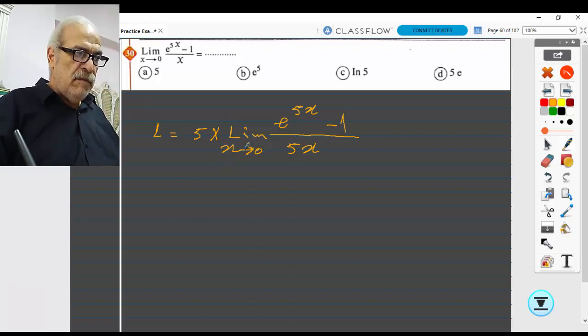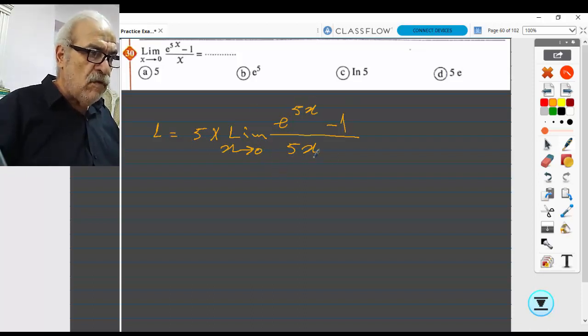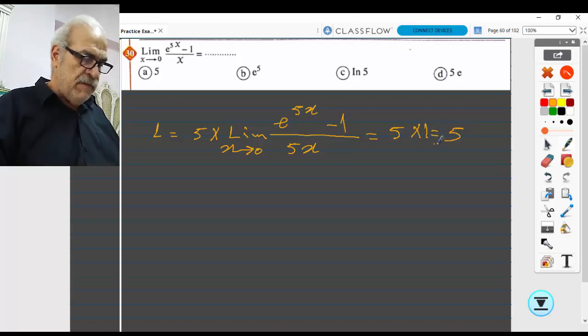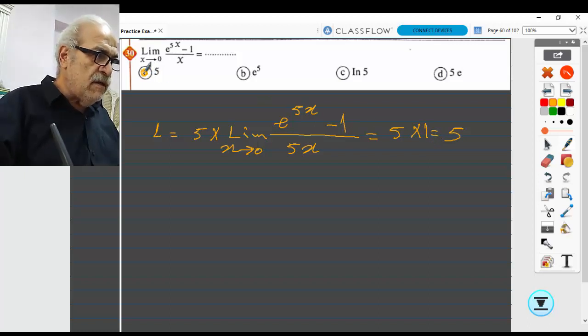Okay, up and down. What is the value of this part? It is equal 1. So equals 5 multiply 1, which equals 5. And the result will be in letter A.